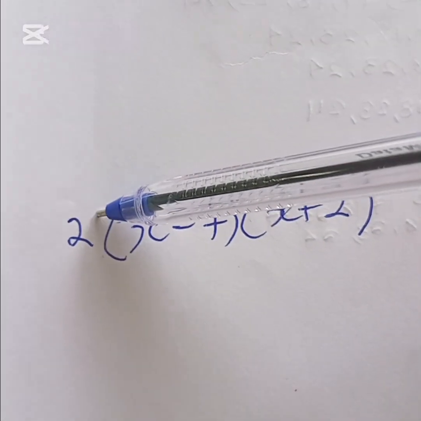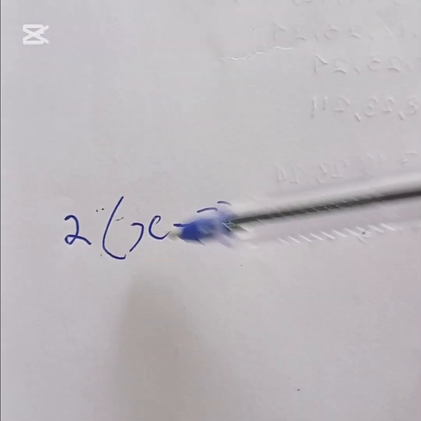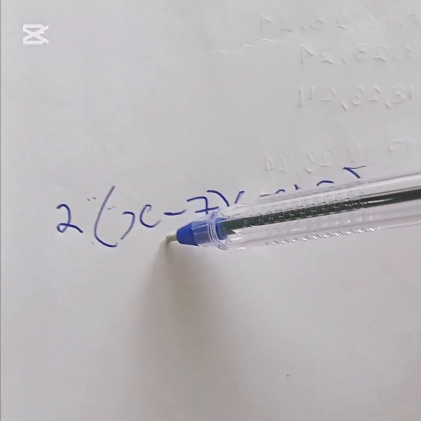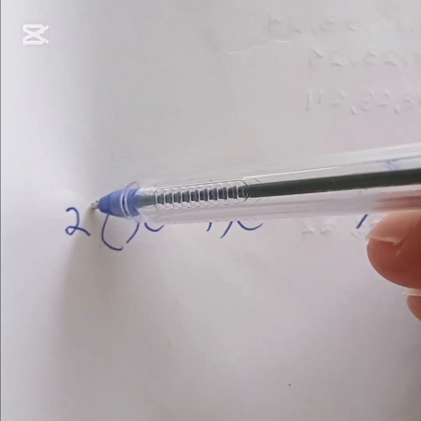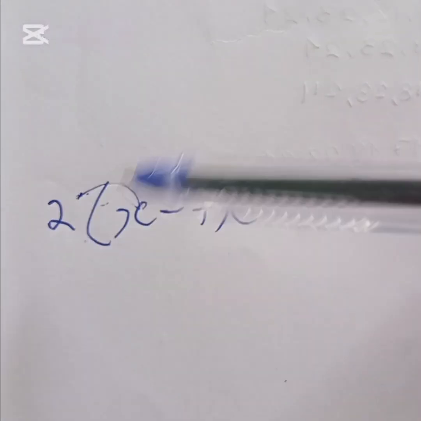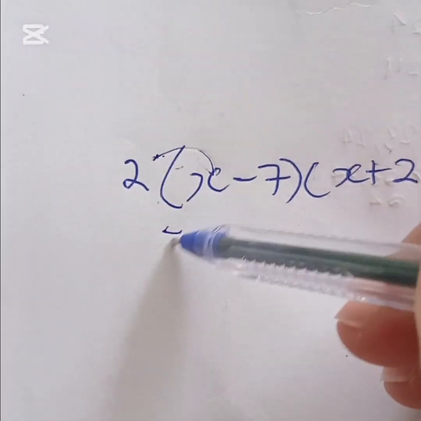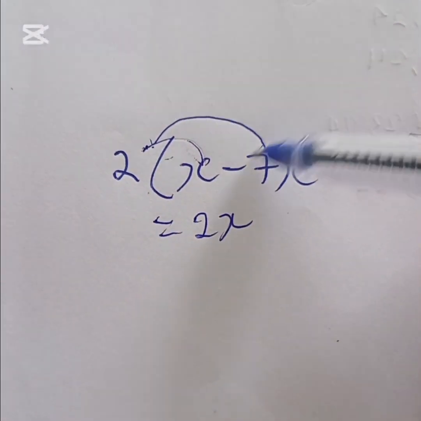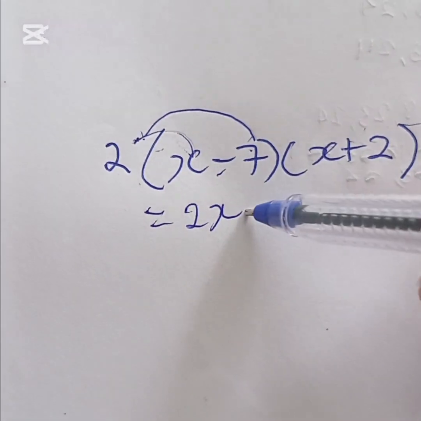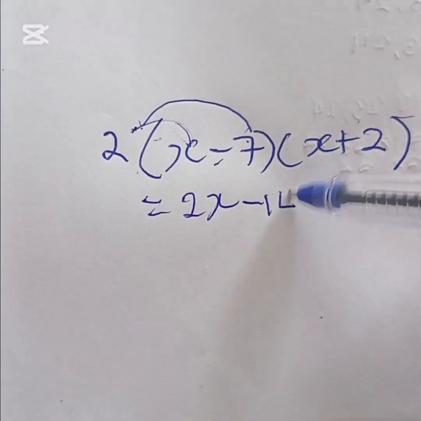So we multiply 2 times x minus 7 first, and to do that we expand by 2 times x, which is 2x, and 2 times negative 7 gives negative 14.